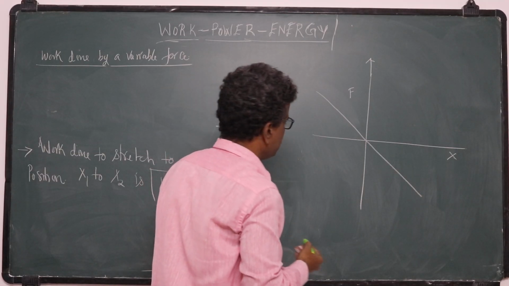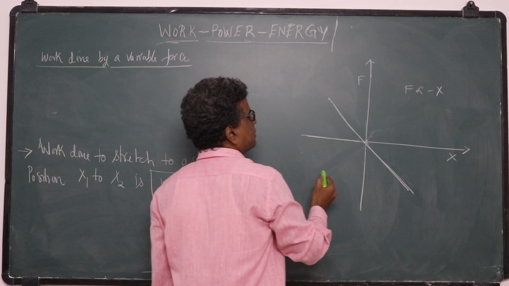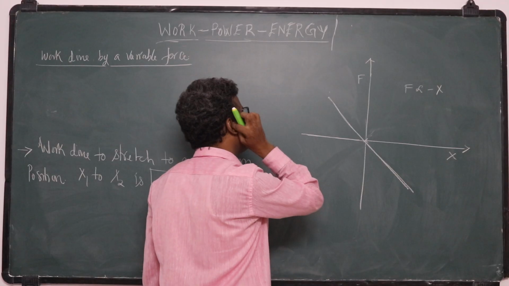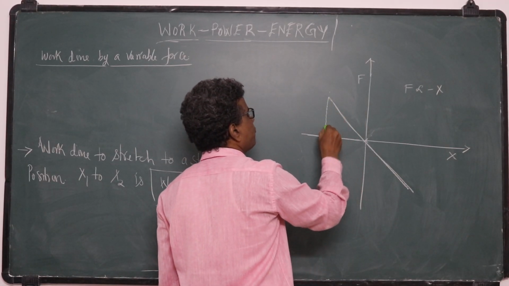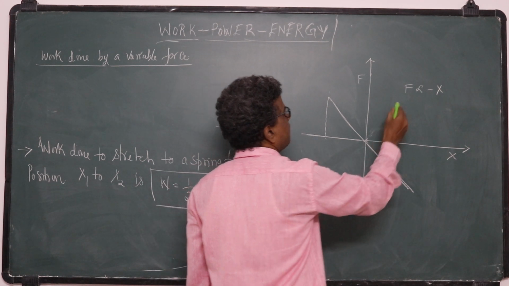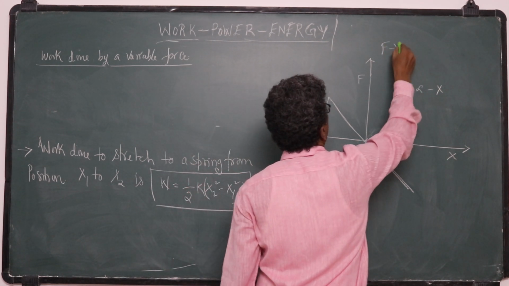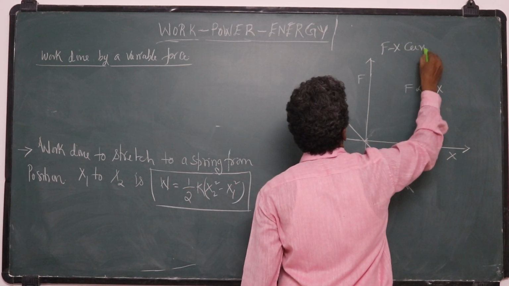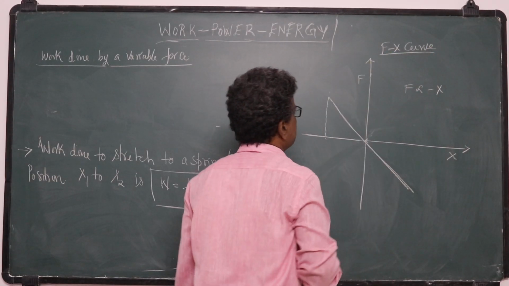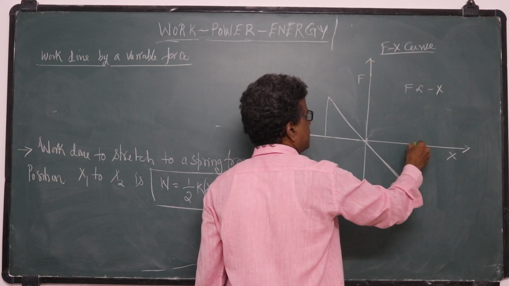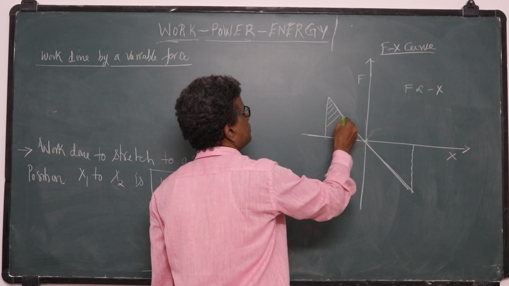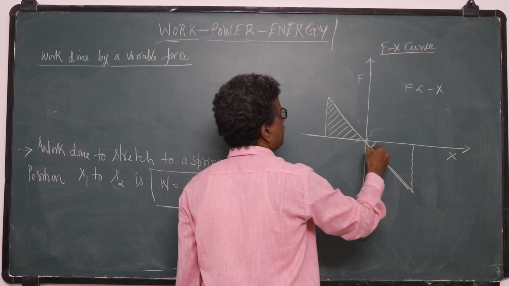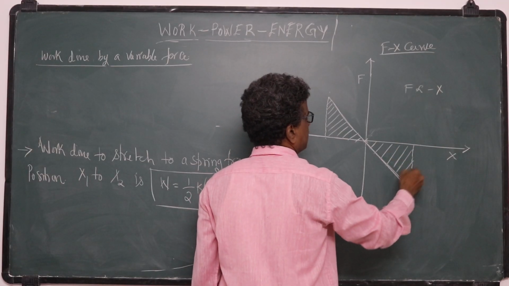So the area under this Fx curve, the force and displacement curve, gives work done. So this area indicates work done.